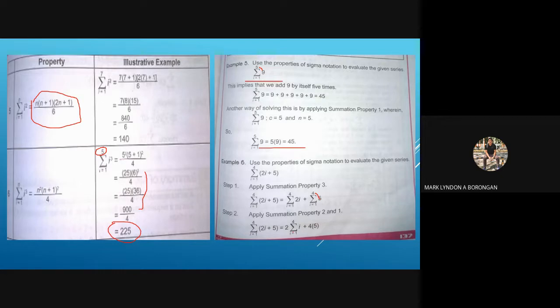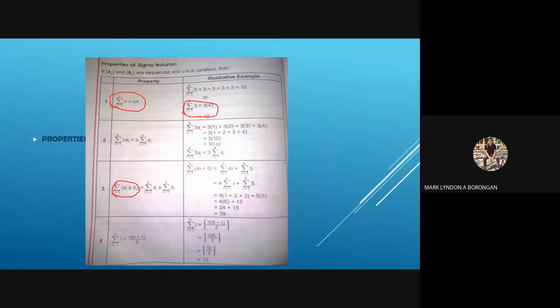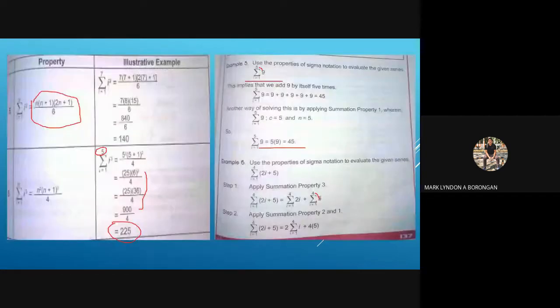The first term, we apply property 2 to it. So we apply property 2 and isolate the constant. That will be 2 times the summation of i from 1 up to 4.